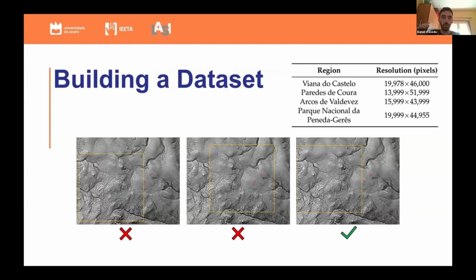Basically, we iterate over the annotations that we have, and then we generate random coordinates and build a cropping window based on those coordinates. If that cropping window doesn't respect either of those two criteria that I mentioned, then we generate another set of coordinates, and so on and so forth until those two criteria are met.